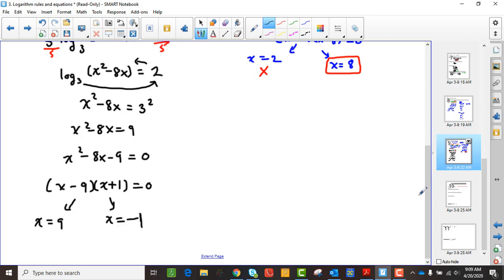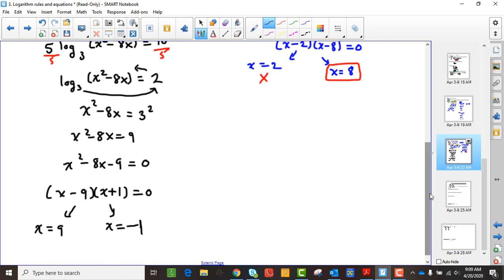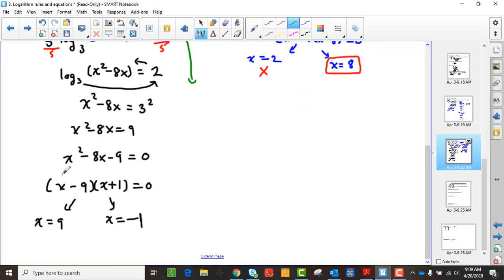Okay, and then I have to go back up and check to make sure that this works. And what we mean by work is it can't give us a negative value up here. It can't give me a negative number in there. So I'm going to check that. All I have to check is this. I just have to check that x squared minus 8x and see if it's negative. So if I do x squared minus 8x, if I go 9 squared minus 8 times 9, that's just going to give me 9.